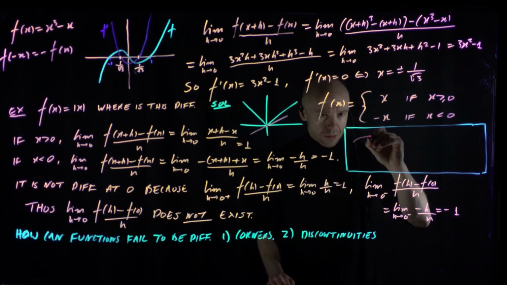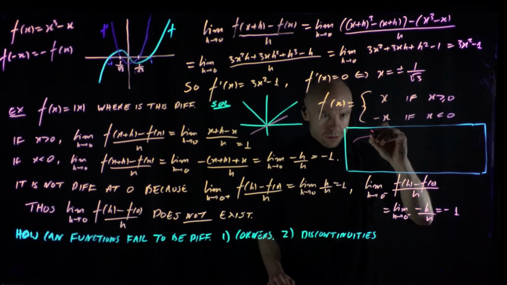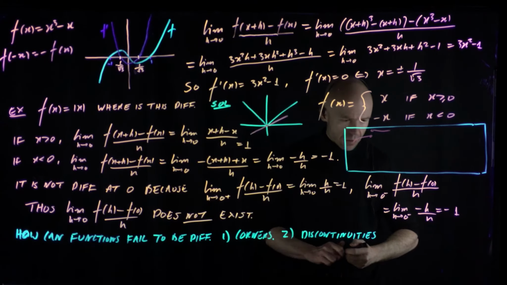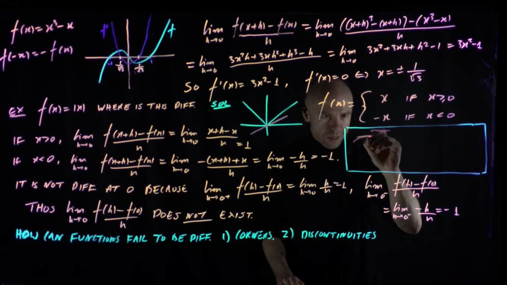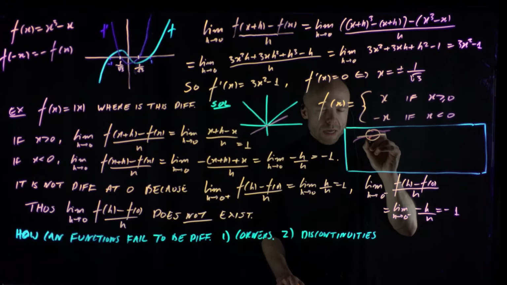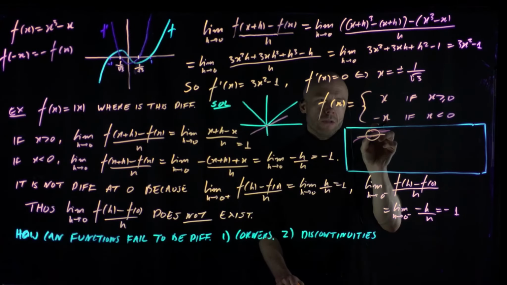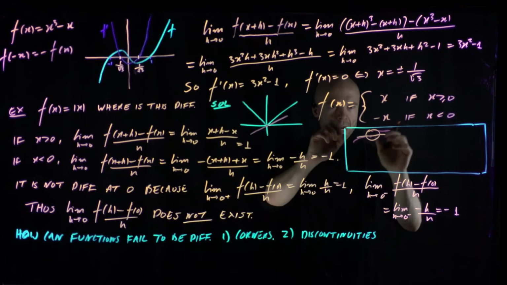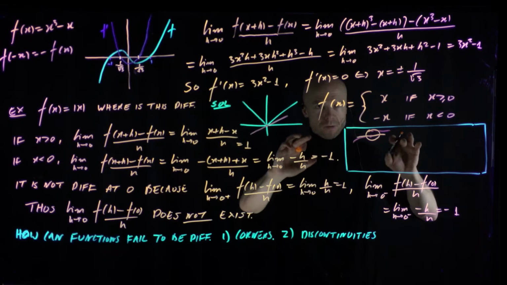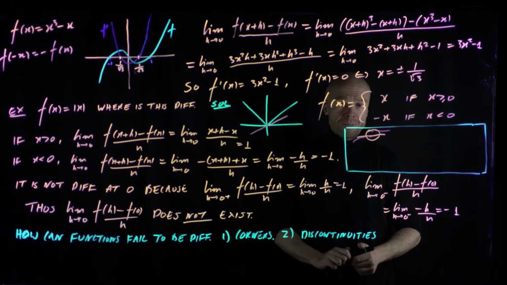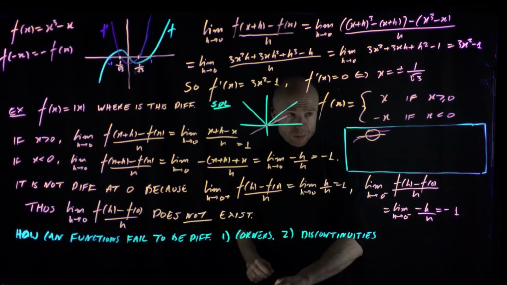If we have a function which has a break in the graph like this, then there's no tangent line that's going to approximate it very well, right? If we put a ball around this, then the graph of the function is not well approximated by this line. As we blow that up to a bigger and bigger scale, it's going to look like a half line, whereas the tangent line is a full line through, right? So this thing fails to be differentiable.